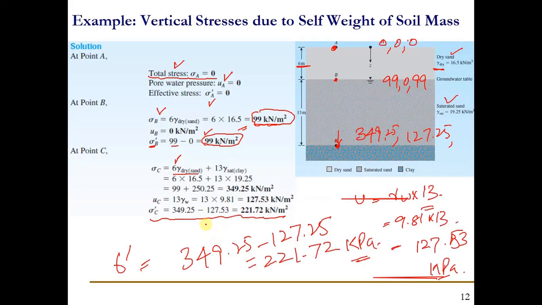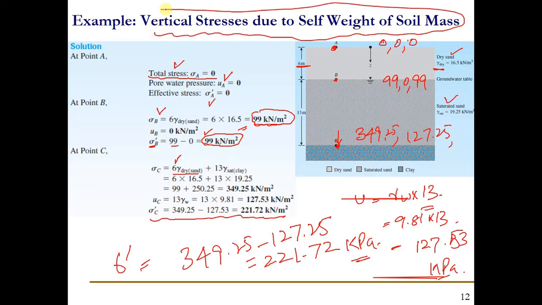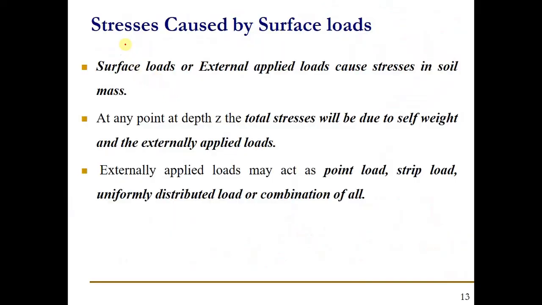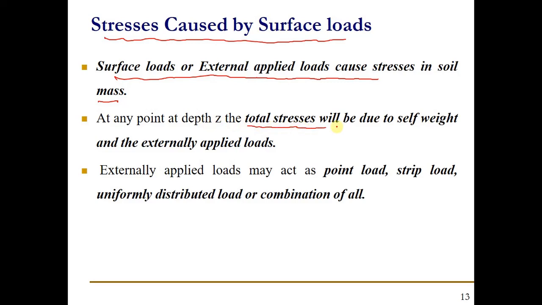Okay, that was all about the vertical stresses due to the self weight of soil mass and water. Now we are going towards the stresses caused by surface loads. Surface loads are external applied loads that cause stresses in soil mass. At any point at depth z, the total stress will be equal to the self weight and the externally applied loads.